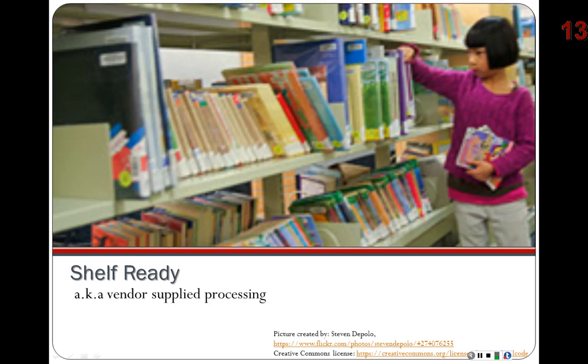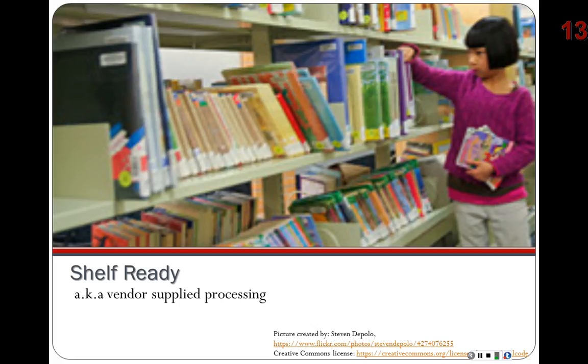Now, we talked about shelf-ready materials when we were talking about acquisitions methods, and one way to deal with processing resources is just to have it all done by the vendor that you purchase the resources through. This will save you a lot of time. You'll need to supply the vendor with very specific directions for what you want done, and it does add to the cost of the materials, and the more processing that you have the vendor do, of course, the more it will cost you.